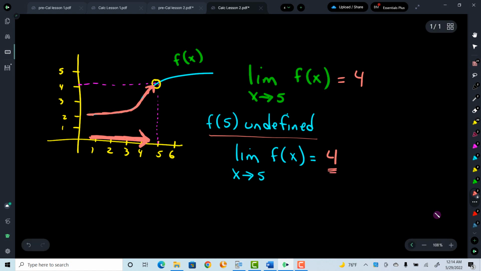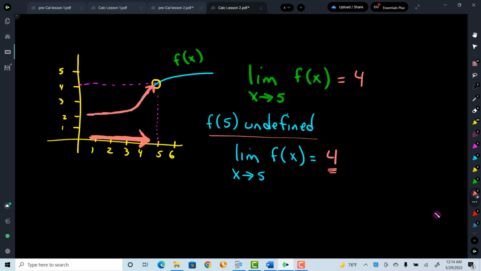So that's something that you're not used to thinking about, right? The function itself could be undefined at 5, but the limit still exists. It's still approaching.